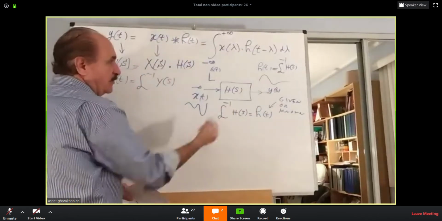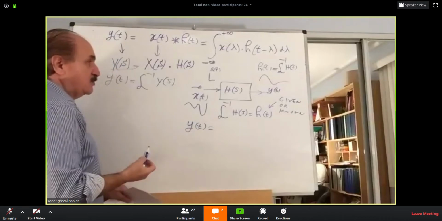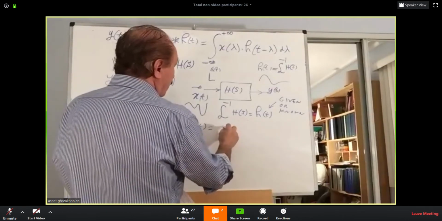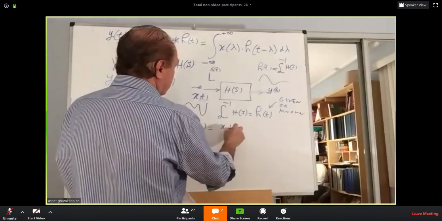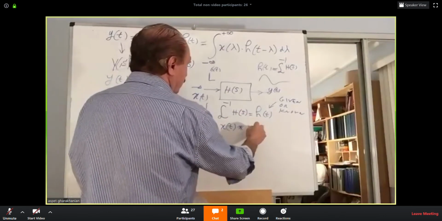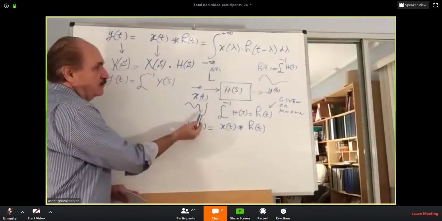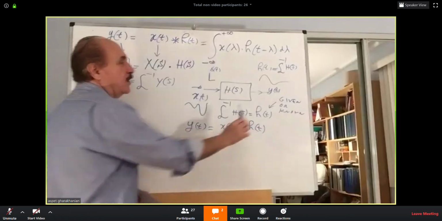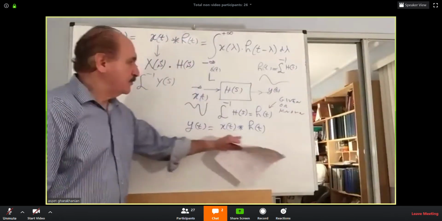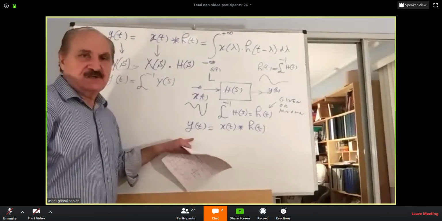So this will be the outcome. y of t will be equal to the convolution of x of t with h of t. Convolution of this input waveform with the impulse response of the system is the output of the system, the physical output of the system.